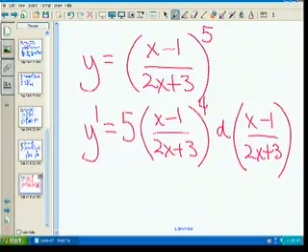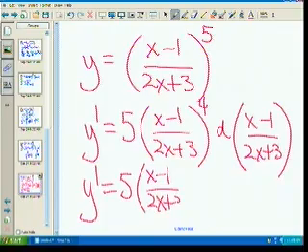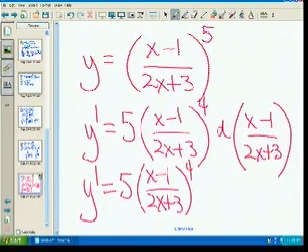We're about out of time, but let's finish this one. So, in deriving the inside function, you realize it's a quotient, and how does that work?